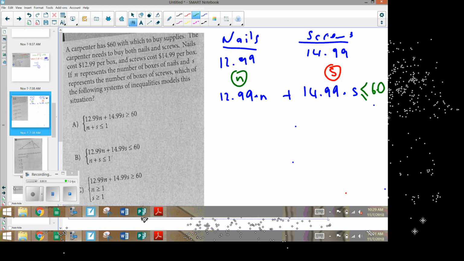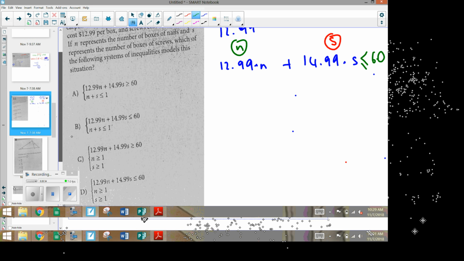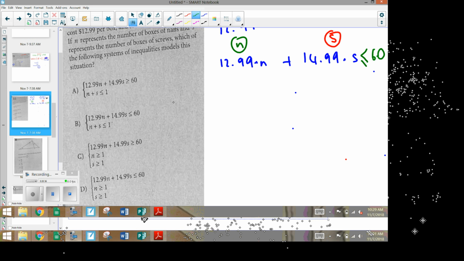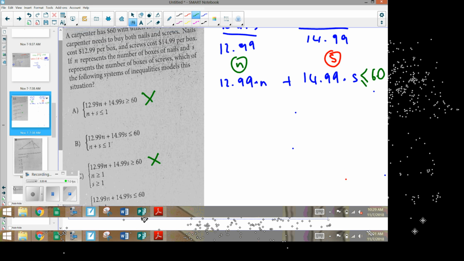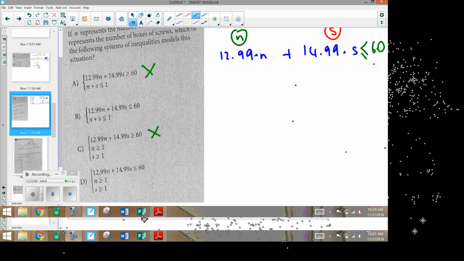So when I look at the answer choices, it can be less than, cannot be, so B or D. When you look at the question, he is going to the store for a reason, right? He's supposed to buy something. He's supposed to get at least one box of nails and one box of screws.